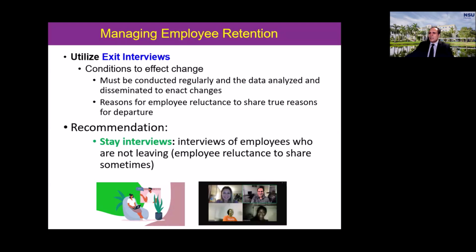These are called stay interviews. In other words, you're keeping your finger on the pulse of the customer, that is your employees, at all times. So when something changes in their behavior or in their health, just like medical doctors, we intervene, we take action to prevent the situation from getting worse.